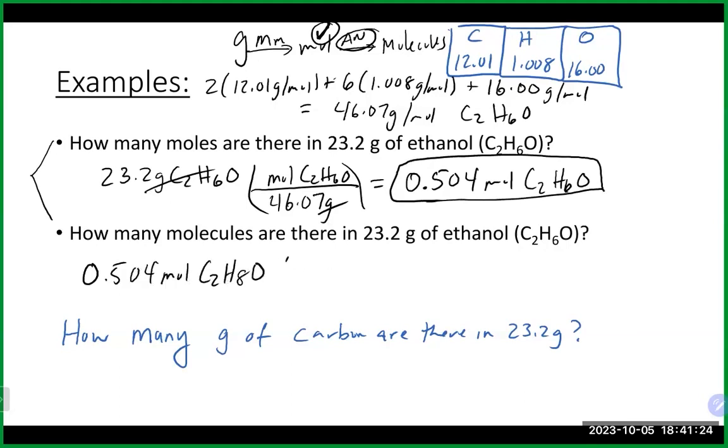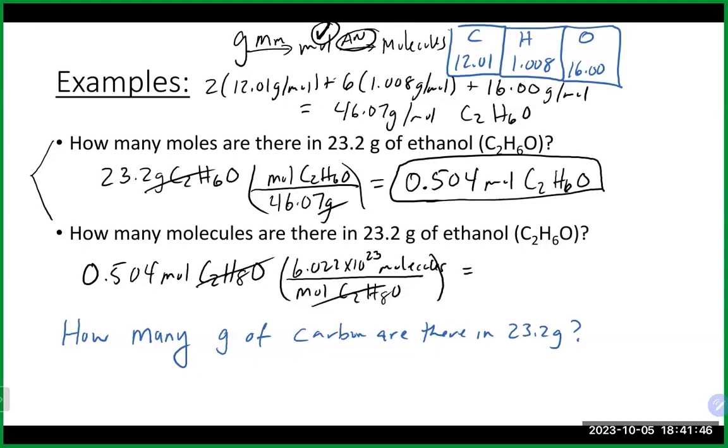And at this point, we want to take our moles to molecules, which is our Avogadro's number. And we do want moles on the bottom so that they cancel. And up on top would go Avogadro's number. Here they would be molecules, as we're dealing with a molecule in this case. The moles will cancel.